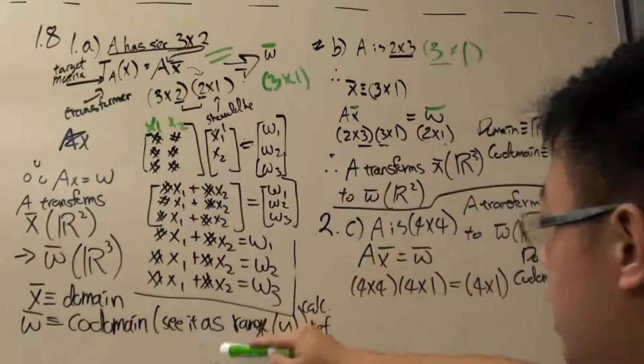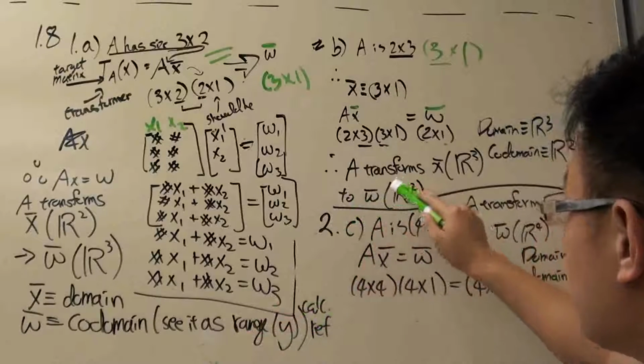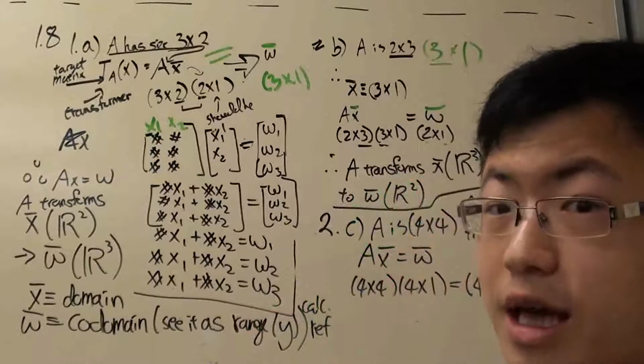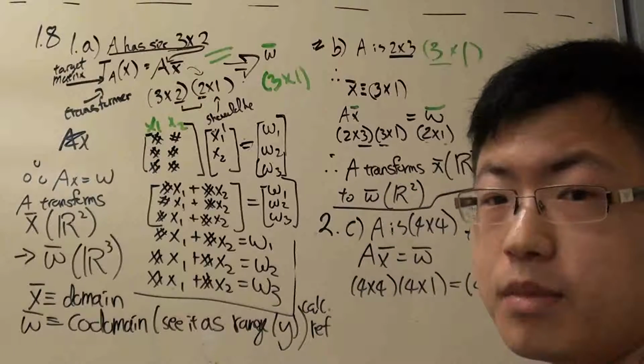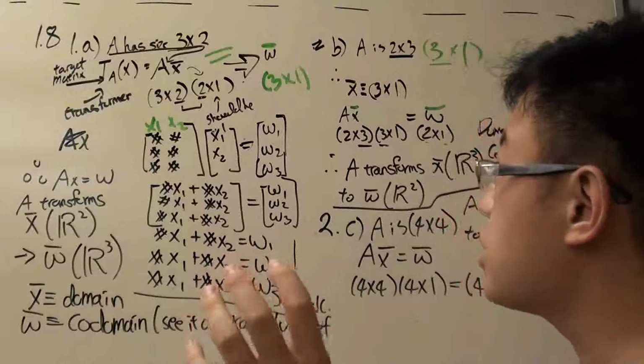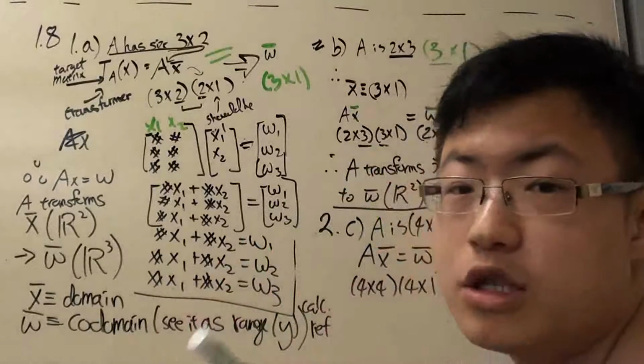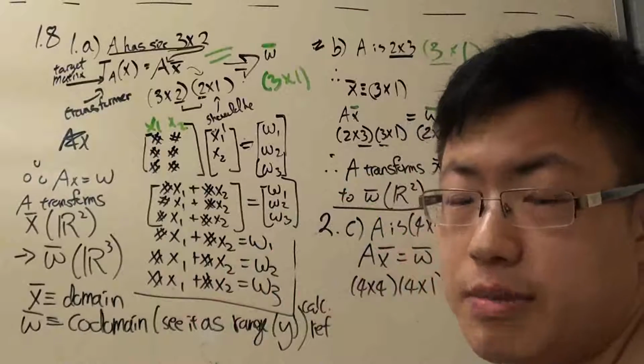Oh, another thing is that when A transforms, or whatever matrix transforms, it doesn't always transform from a higher matrix to a lower matrix. I mean, that's a trend. But transform just means changing from one dimension to another dimension.